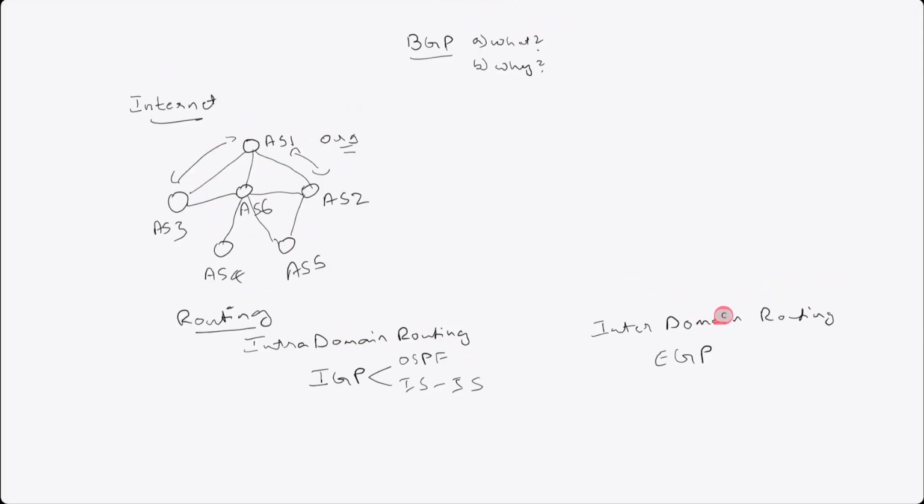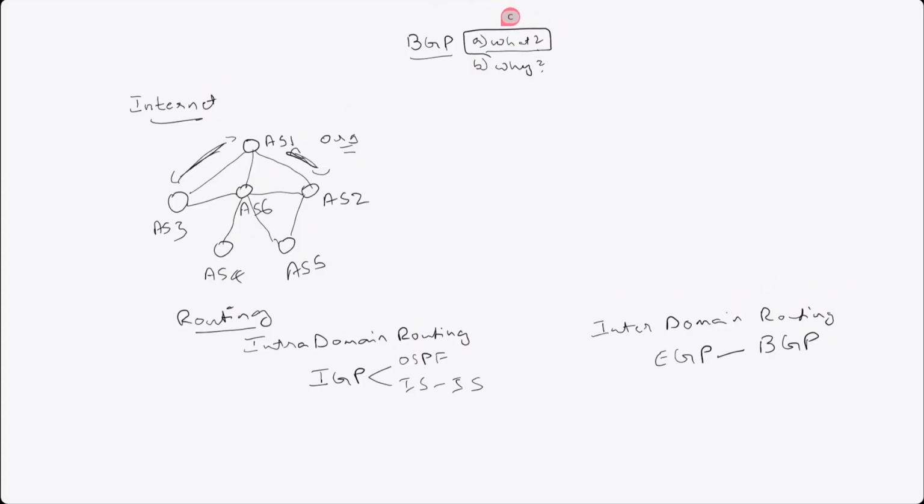And the de facto protocol for EGP is, that is correct, BGP. So Border Gateway Protocol, or BGP, is the protocol we use to route packets between ASes, or between independent networks, right? So that was the what part of BGP.